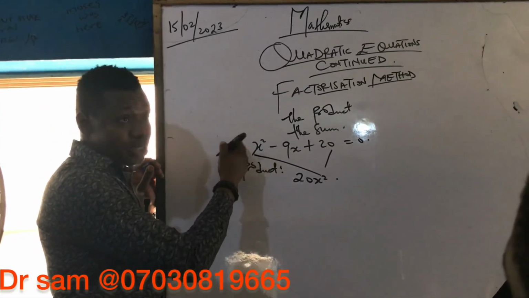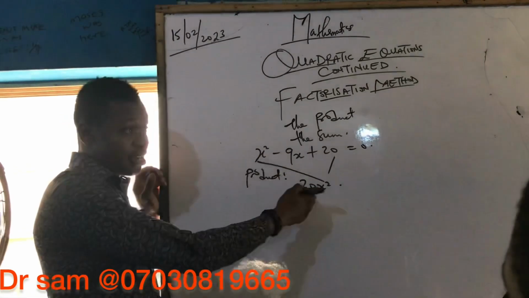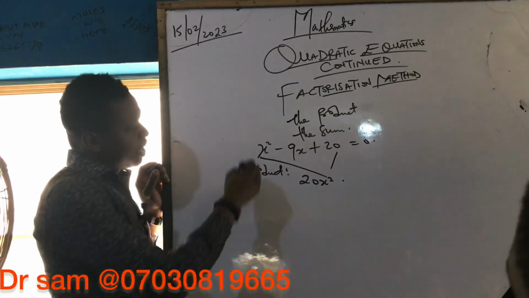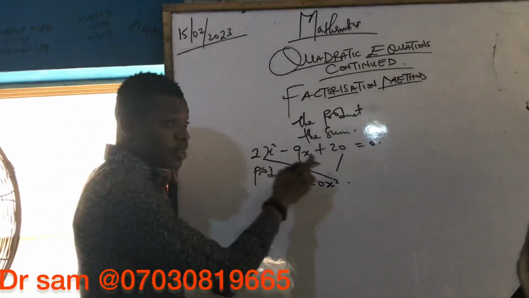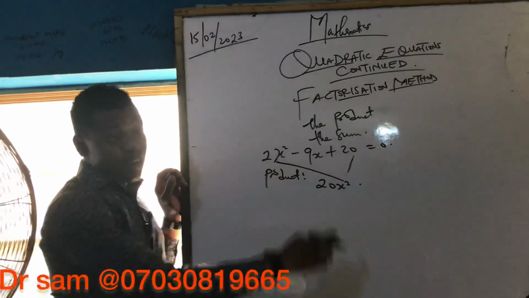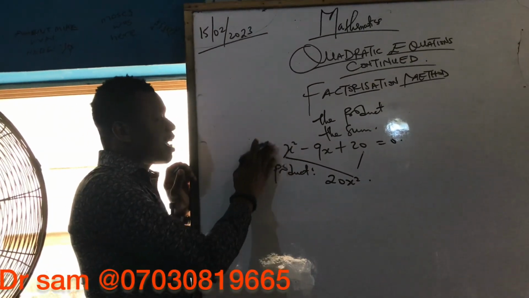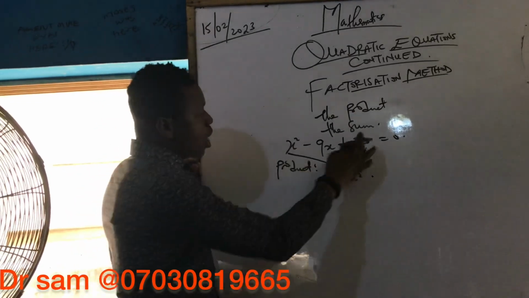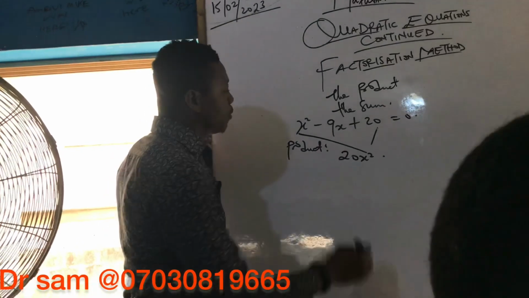This is 1, so 20 times 1 is 20, then x squared. If there had been a number here, like 2x squared, you multiply everything with the constant, and that would have been 40x squared. But since the coefficient here is 1, multiplication by 1 remains the same.